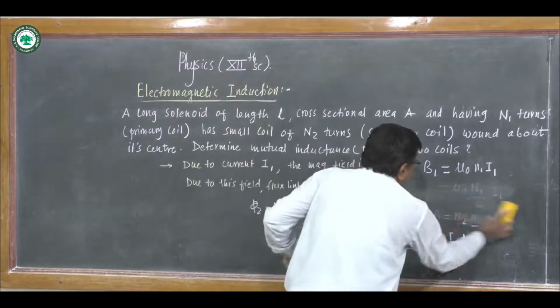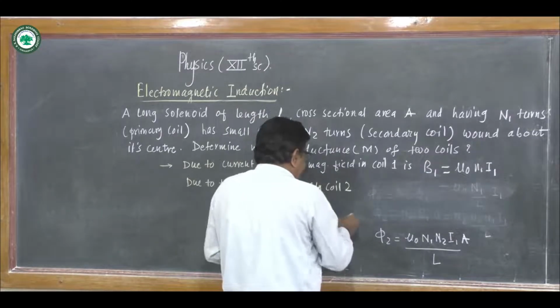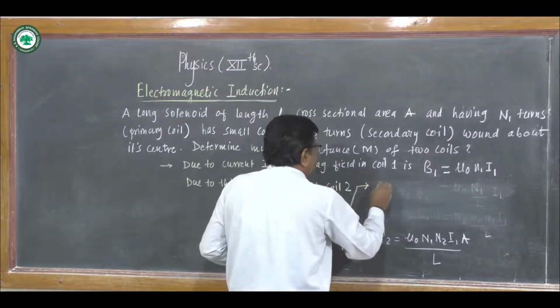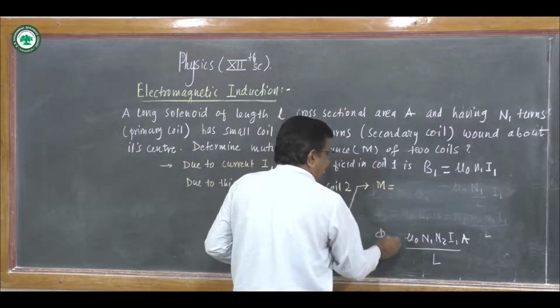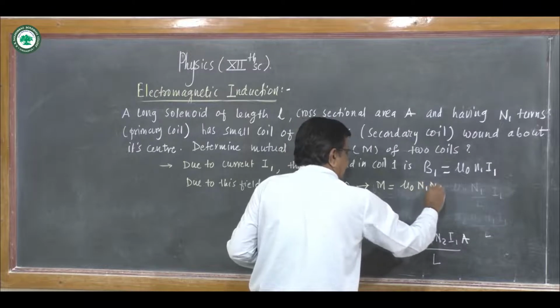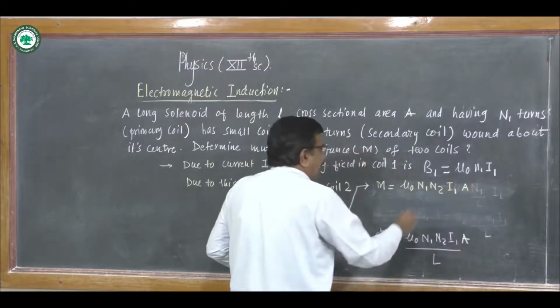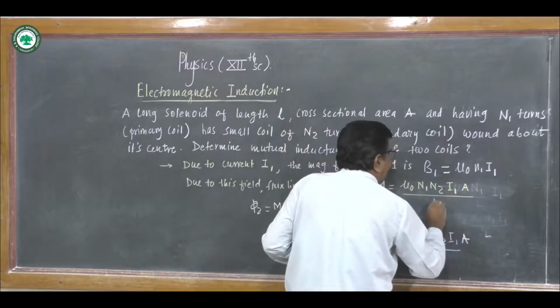See here, this is phi 2. So M is mu 0 N1 N2 I1 A upon L divided by I1.